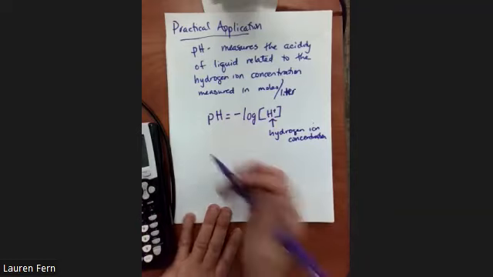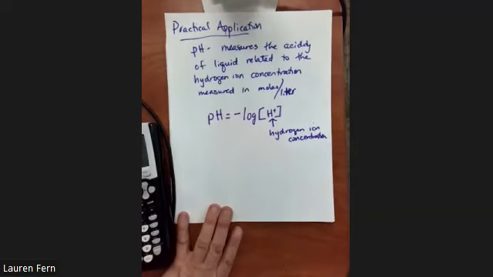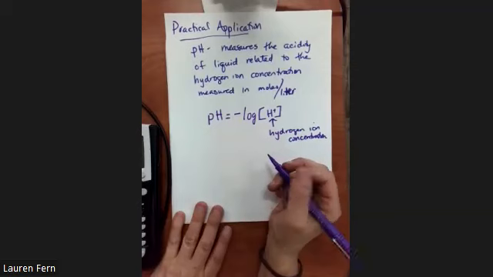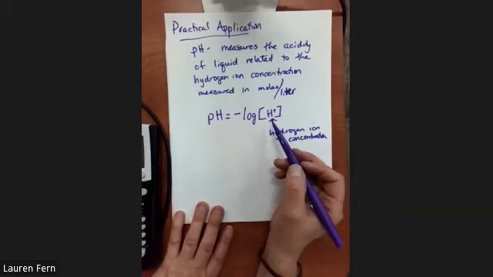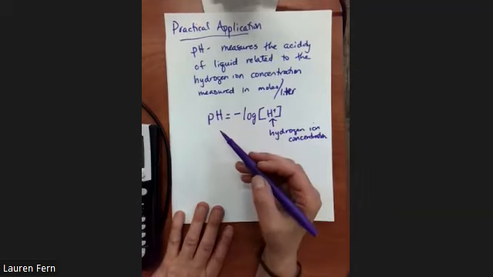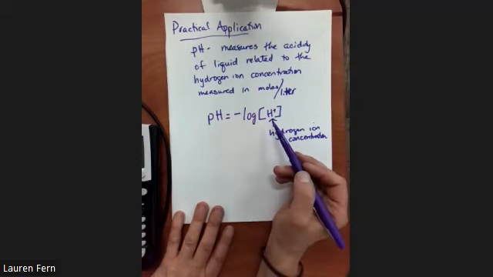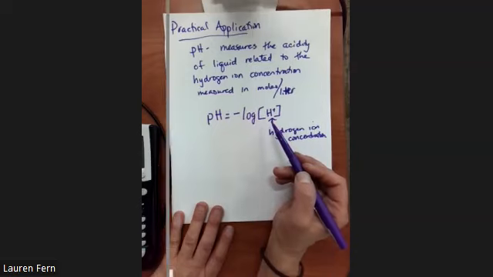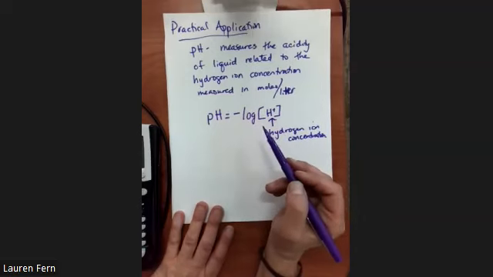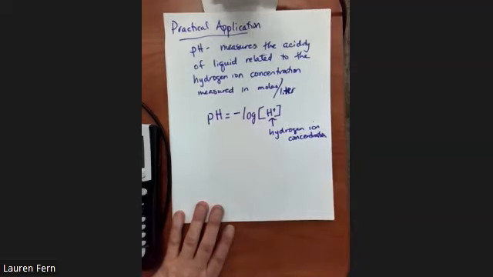Okay, so what would be a couple questions I could ask using this? Well, there's only a couple questions I could ask. I could give you the hydrogen ion concentration and ask you your pH, or I could give you the pH and ask you what your hydrogen ion concentration is. Right, there's only two unknowns. So let's do both ways just to be sure that we're all cool.